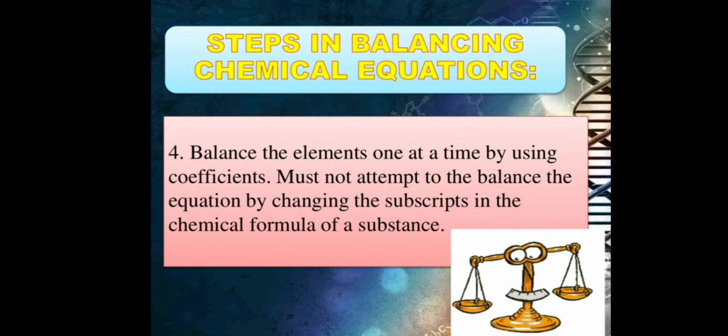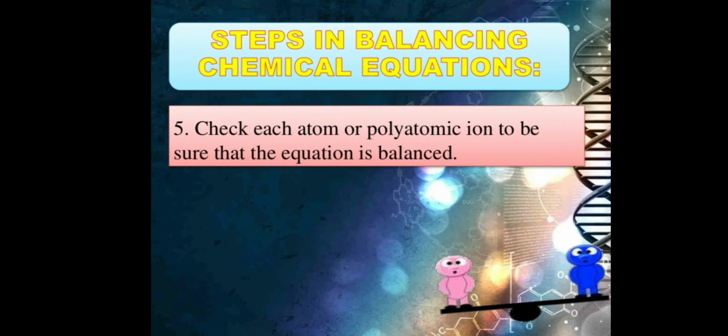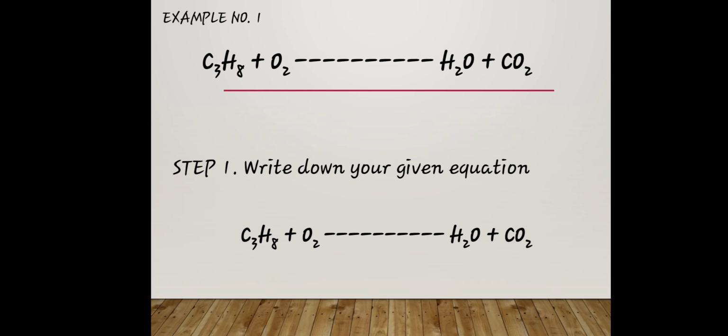Don't worry, I will be showing you how to do these steps. The last step is to check each atom or polyatomic ion to be sure that the equation is balanced. So let's go now to the example itself. Let's try to balance a certain unbalanced chemical equation. Okay, let's move.